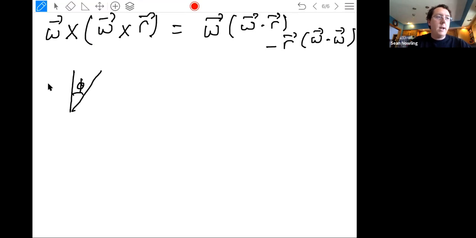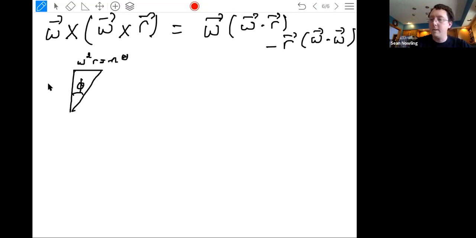And what I have is along the component perpendicular to my axis of rotation is going to have a magnitude of, so this side of the triangle would be omega squared r sine phi.